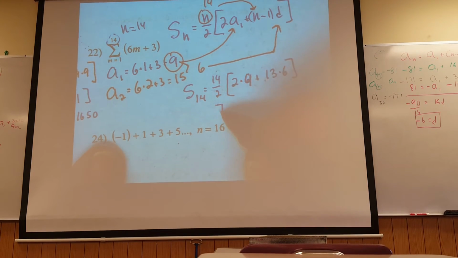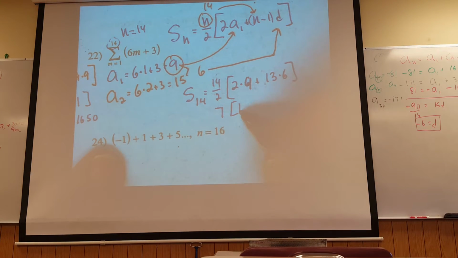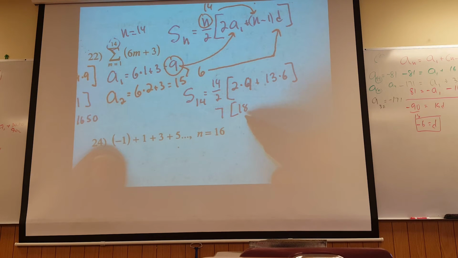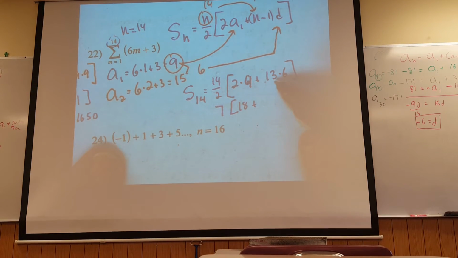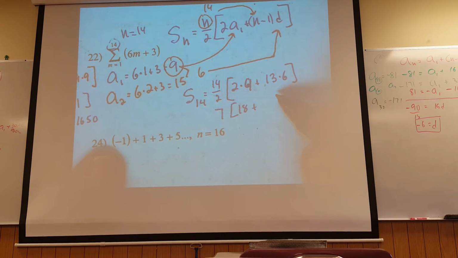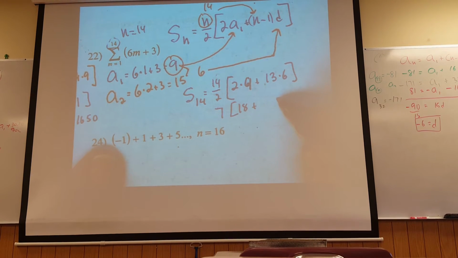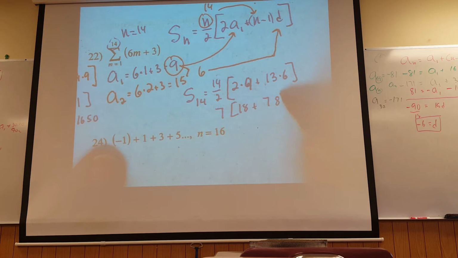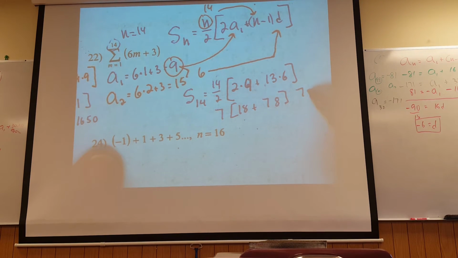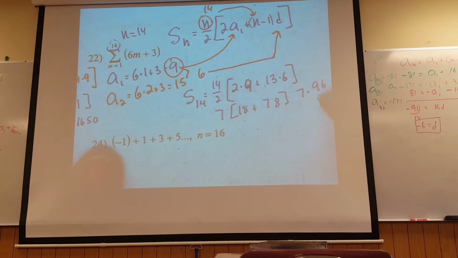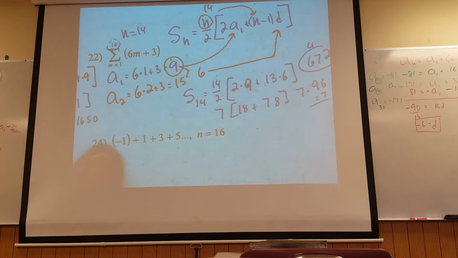So you have 7 in front of the parentheses, and you have 2 times 9, 18 plus 6 times 13. So you have 7 times 96. 672.